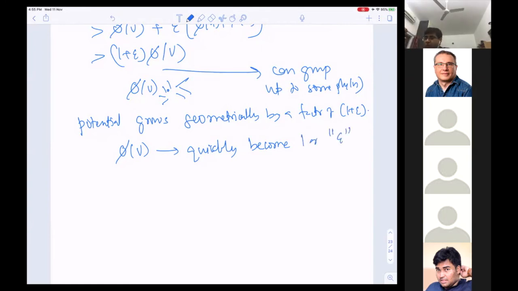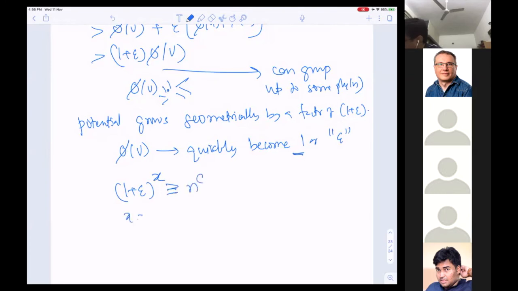Because once you become epsilon or something, very quickly, I mean, suppose you quickly became 1, or in the first step you became 1. Then how many steps do you need to become poly in n? Well, all I care is that 1 plus epsilon to the power x should be greater than or equal to some n to the power c.